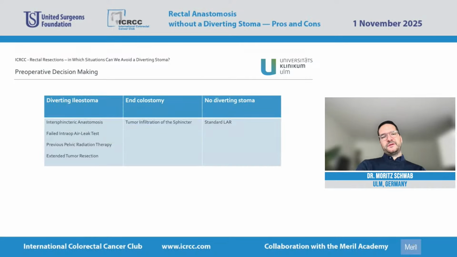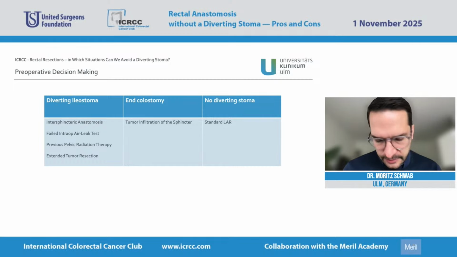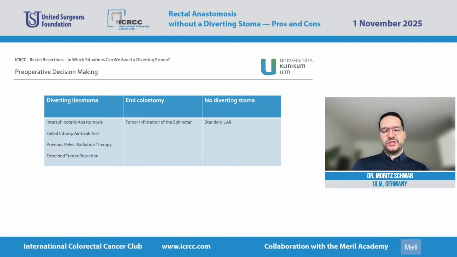To have a first sum up, we only use the diverting stoma with a very low, very deep anastomosis, when we have a failed intraoperative leak test, or previous pelvic radiation therapy, or when we plan an extended tumor resection with other organs, or we have a bad condition with the perfusion.